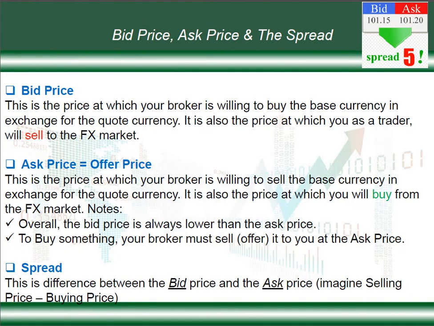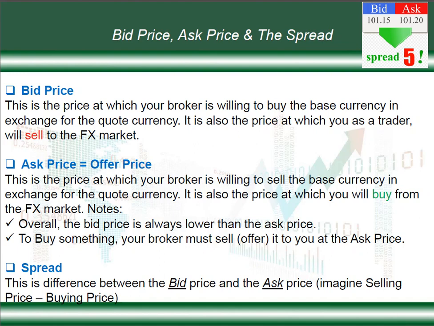Up next, we talk about bid price, ask price, and the spread. Now, you have noticed so far, we'll use an example somewhere here, okay? You have noticed that every time we are quoting price, there is always an exchange rate.